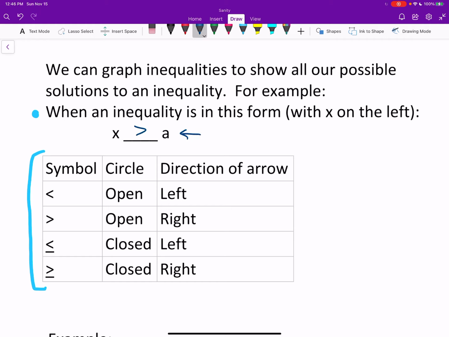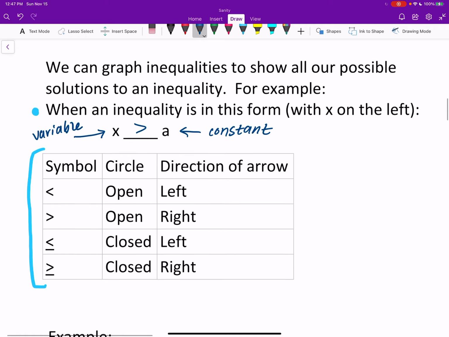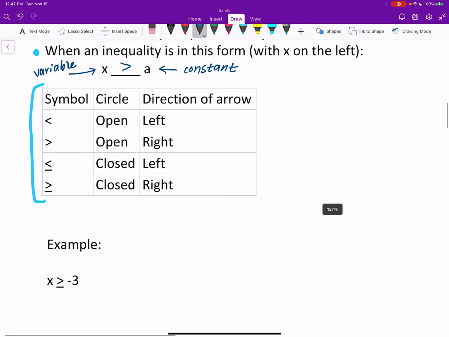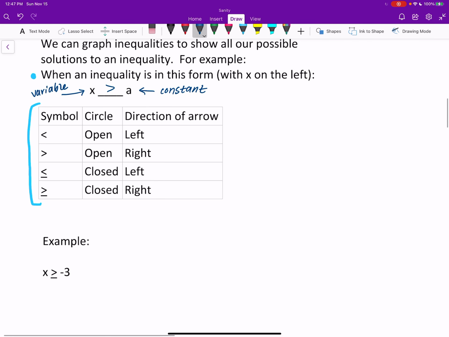So over here, I'm going to say a is a constant number. Whenever you're finished solving for what x is, as long as x is on the left-hand side, again, x is the variable that you're solving for, then you can use everything in this table to help graph a solution set. You may want to pause and get that table down. I'm going to do this with an example.